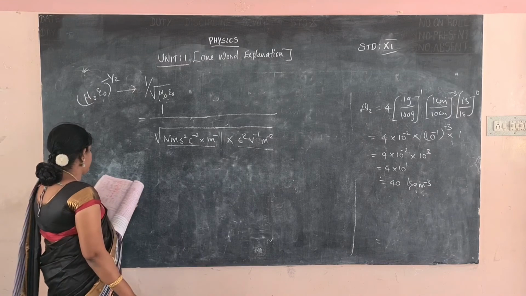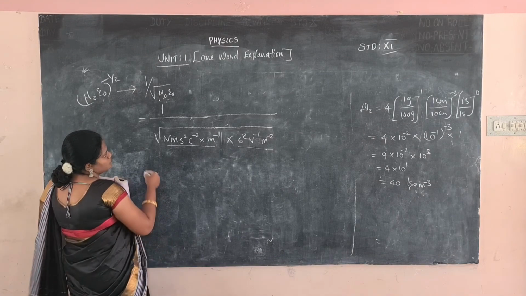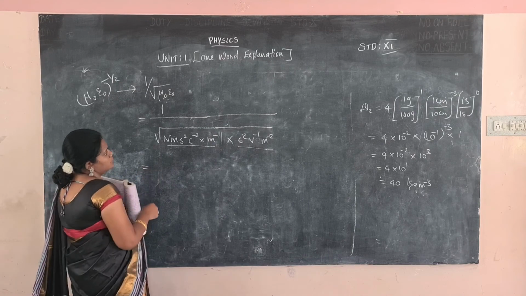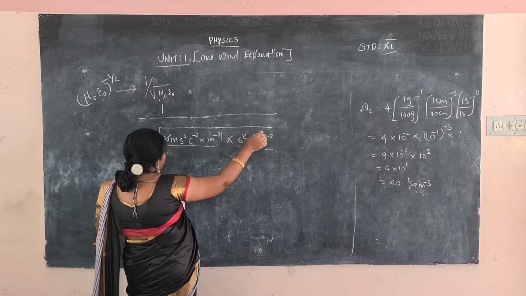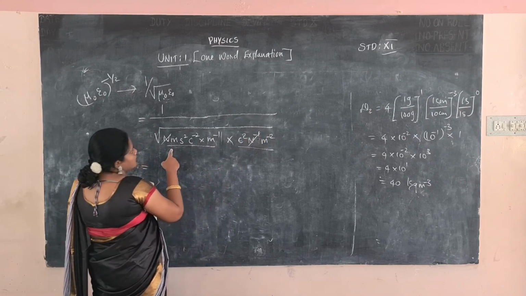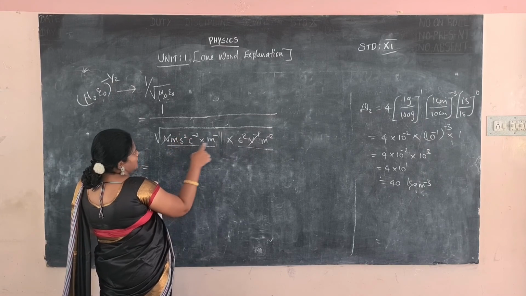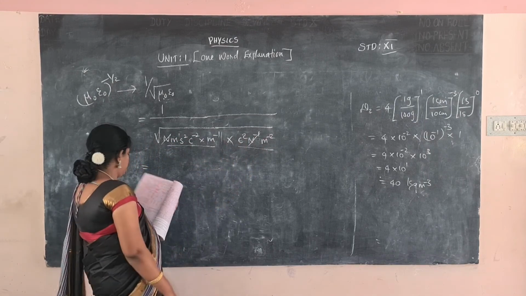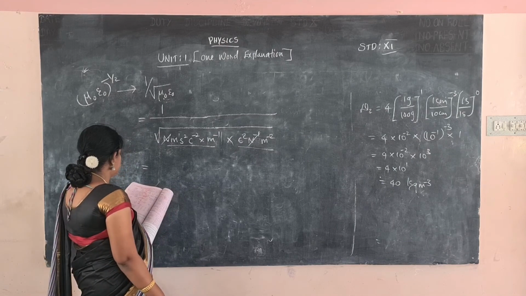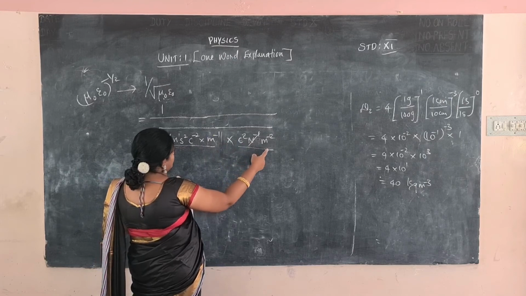Then we substitute all the terms. Newton is there, and Newton power minus 1 is there, so it will be cancelled. Then meter power 1, meter power minus 1, meter power minus 2.